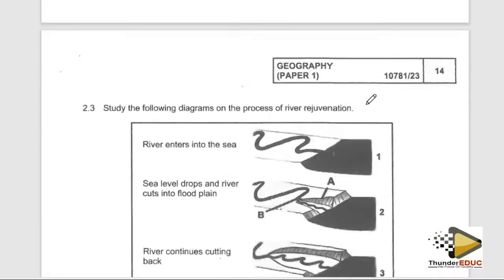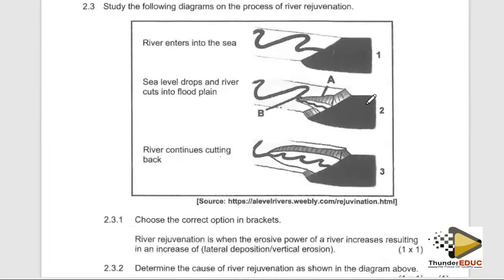So we proceed to question 2.3. It says, study the following diagrams on the process of river rejuvenation. Right. So that's showing us a river entering into the sea.